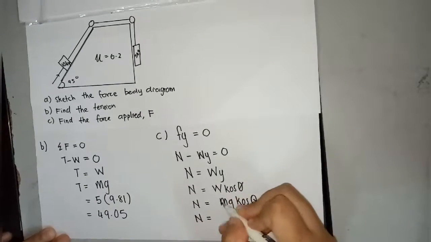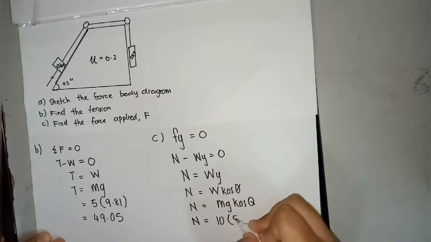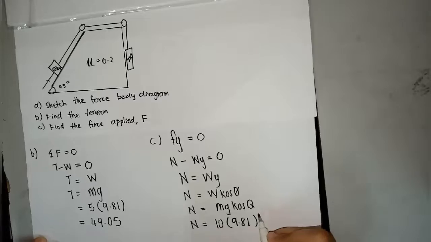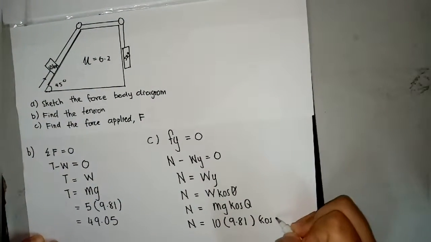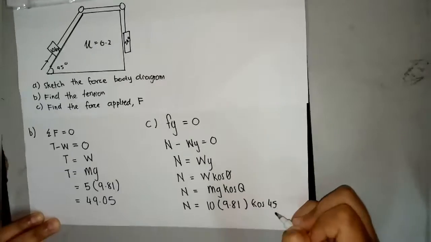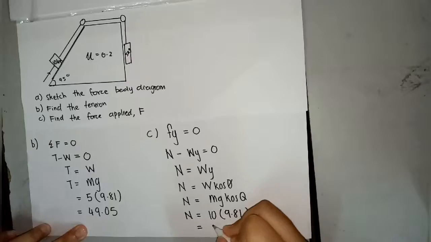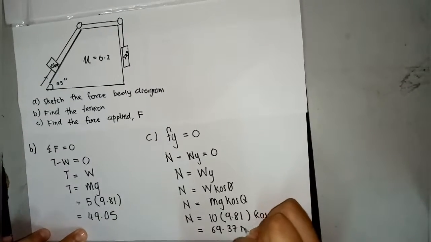So N equals m is 10, g is 9.81, cos theta is cos 45. So the total is 69.37 Newton.